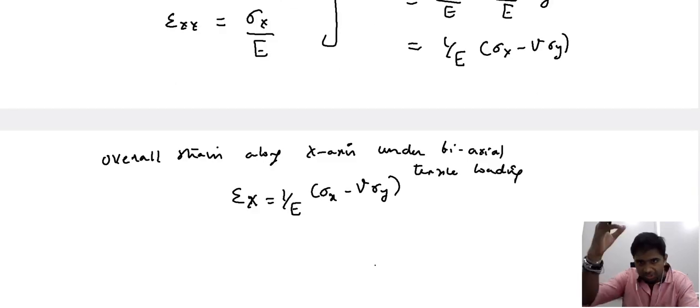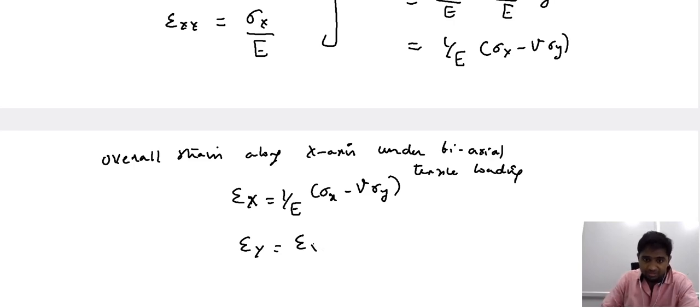Now we can do the same steps. We can take the same steps for the y-axis, for the overall strain along the y-axis. When we take the same steps, it would be the summation of the direct strain along the y-axis, that is epsilon y, plus the indirect strain along the y-axis, that is epsilon yx.